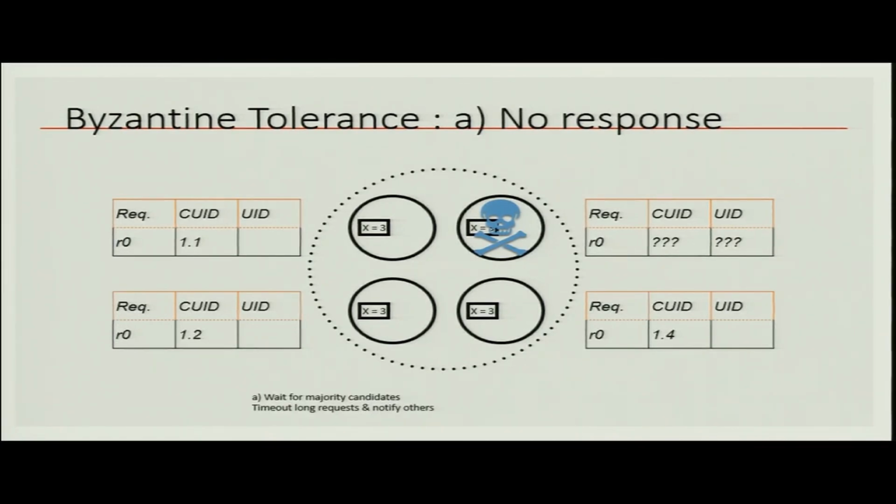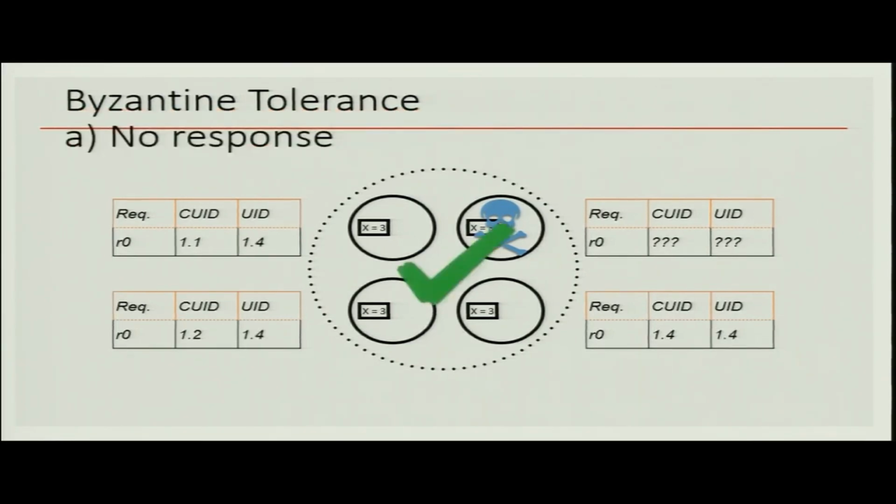Then you get the majority of the candidates, and you use a timeout to decide that the 4th answer is not coming, and then you decide the majority is this. Based on that I will give it a UID. In this case 1.4 was the highest, so you give 1.4, it worked. So, one node being Byzantine and not giving any response did not affect your ability to give an agreed upon ID to the transaction.